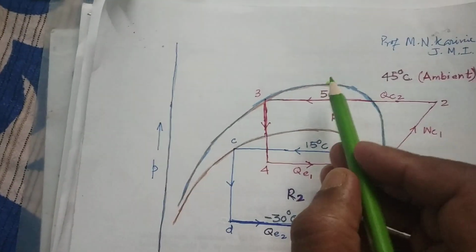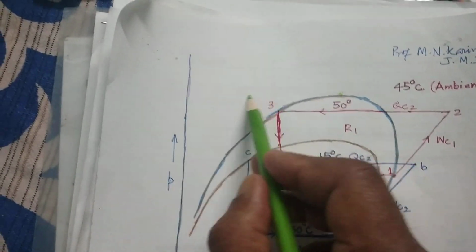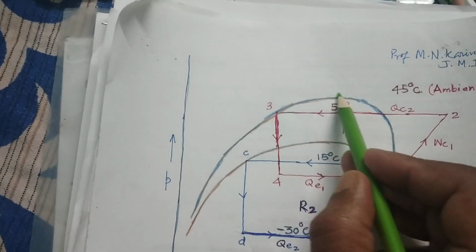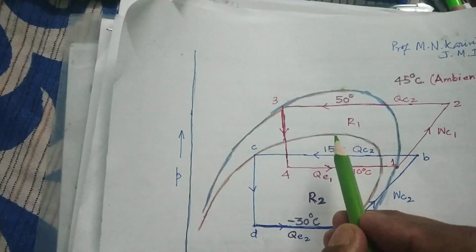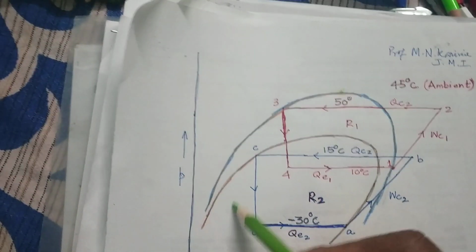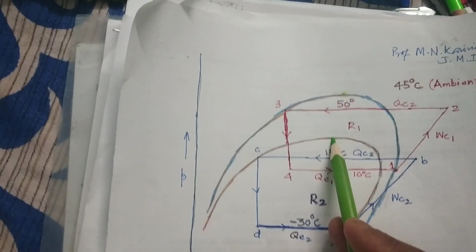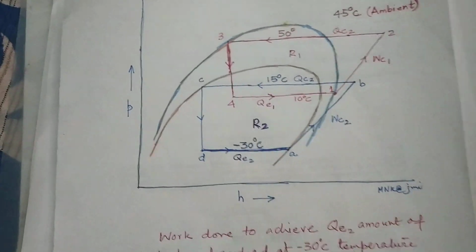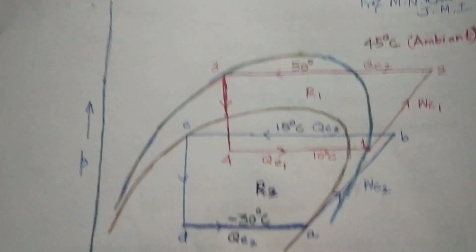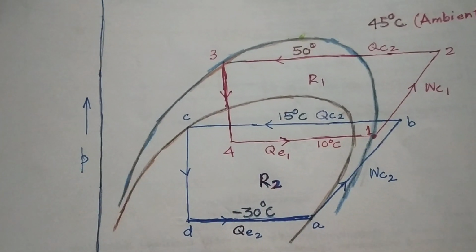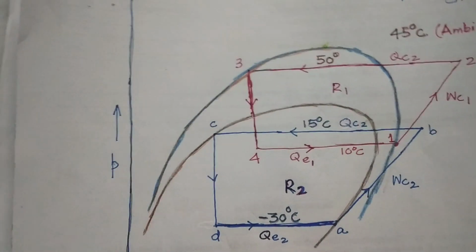This value of pressure is very high. But the critical value of refrigerant R2, represented by the brown curve, is lower. So refrigerants with two different characteristic properties will show their own characteristics and properties.